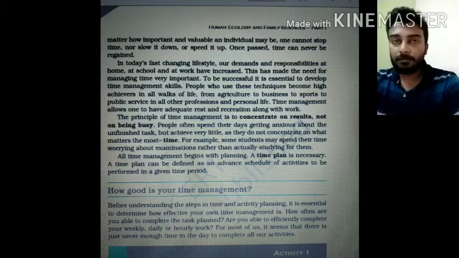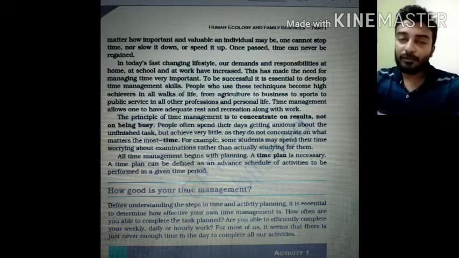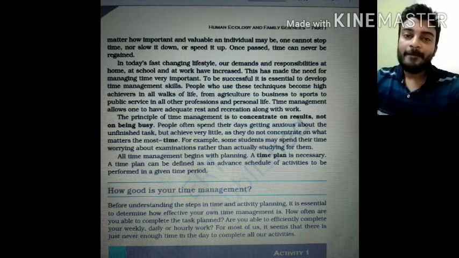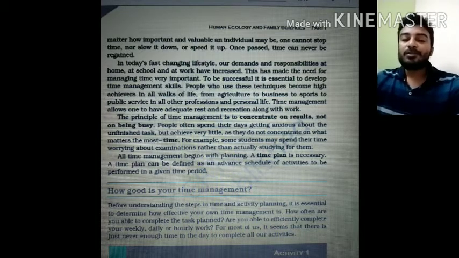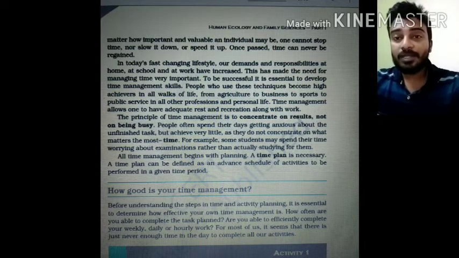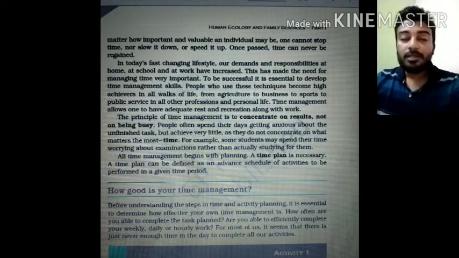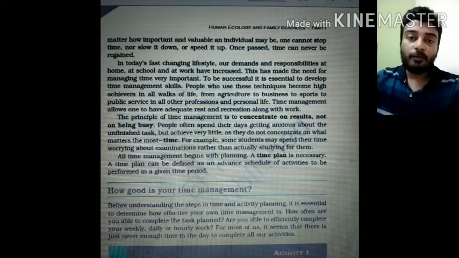For example, some students may spend their time worrying about examinations rather than actually studying for them. This is a very practical example, and I have also experienced it. When we study, because of examinations or any kind of study pressure, the stress falls on us.